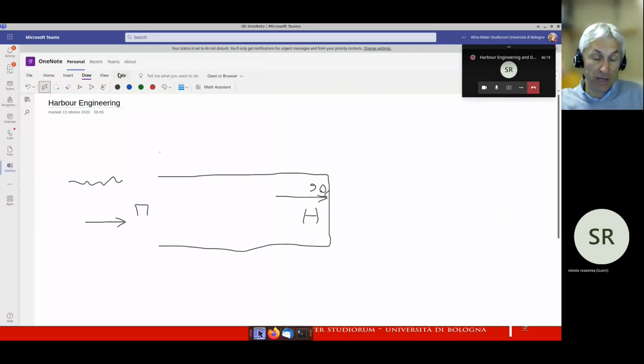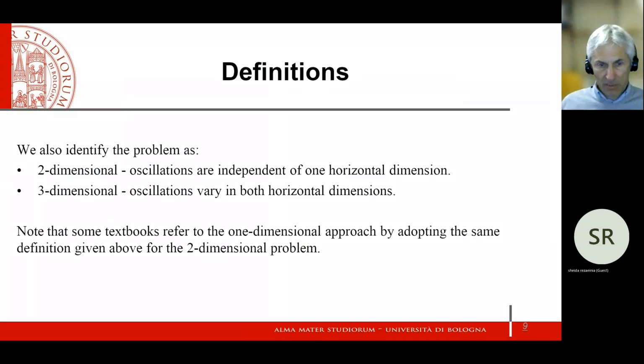And therefore, this is why we call it a 2D problem, okay? But I just wanted to say that in some textbooks, what we call here the 2D problem is called the 1D problem, just to make you familiar with definitions.